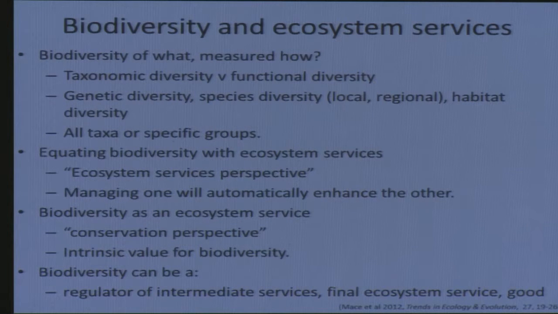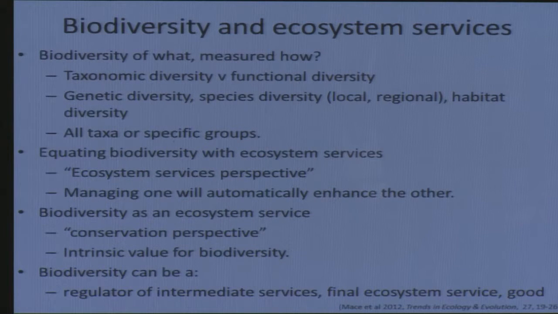There are basically two schools of thought in thinking about the relationship between biodiversity and ecosystem services. There's what's been coined the ecosystem service perspective, which is the idea that if you manage one, you'll manage the other. So if you manage for ecosystem services, you'll automatically enhance biodiversity.